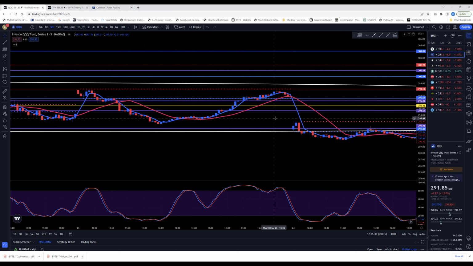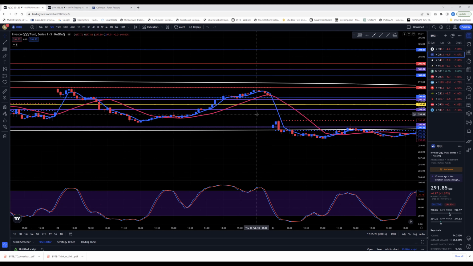If I only have 1 contract, that means I need to get out of the trade based on my daily goal. If my daily goal is, let's just say, $50, and I reach $44 at take profit 1, guess what? I'm getting out.